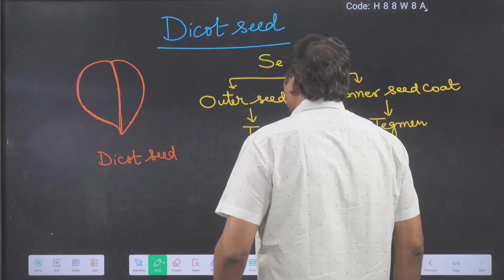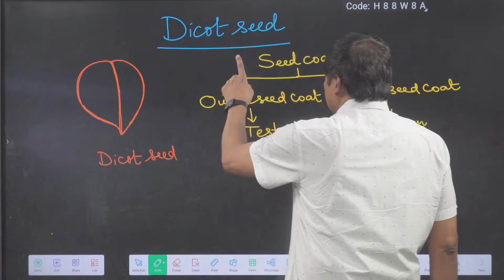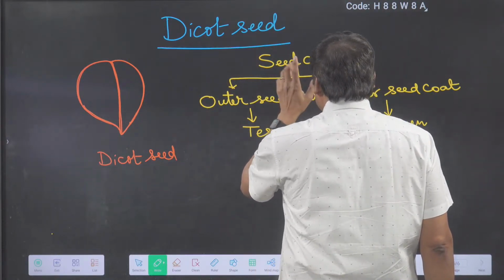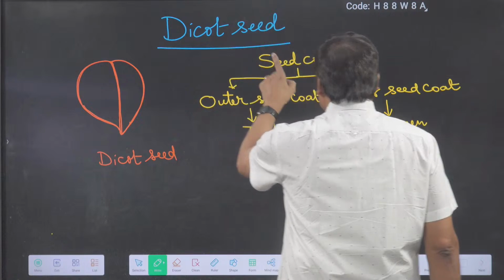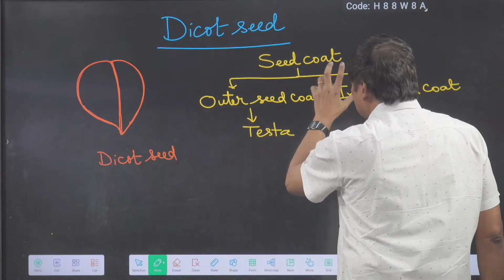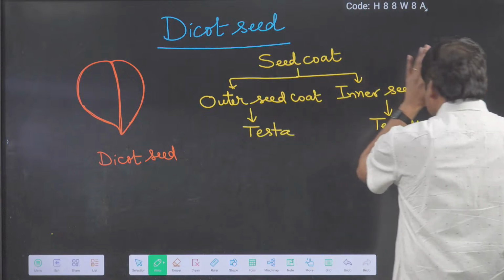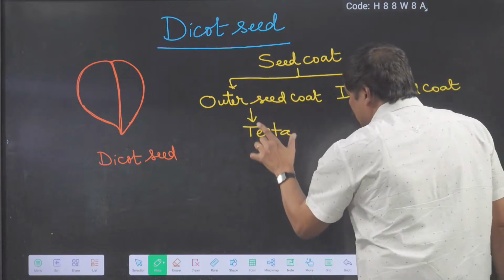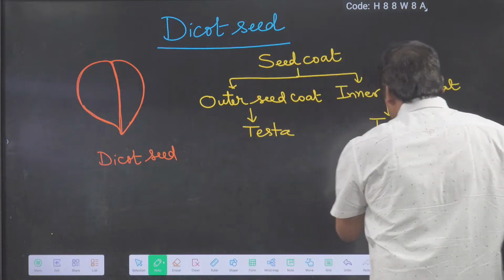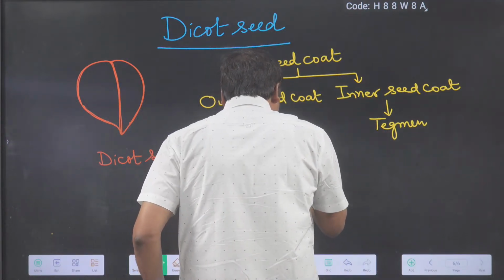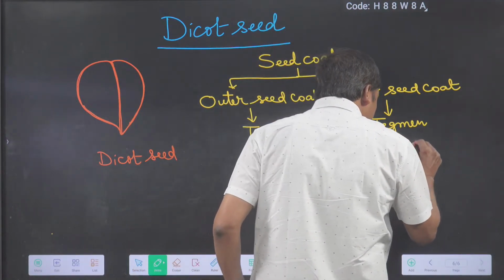I told you, a dicot seed also contains 2 parts, seed coat and embryo. The seed coat is divided into 2 parts generally, outer seed coat and inner seed coat. Outer seed coat is called testa, inner seed coat is called tegmen. What are testa and tegmen respectively?